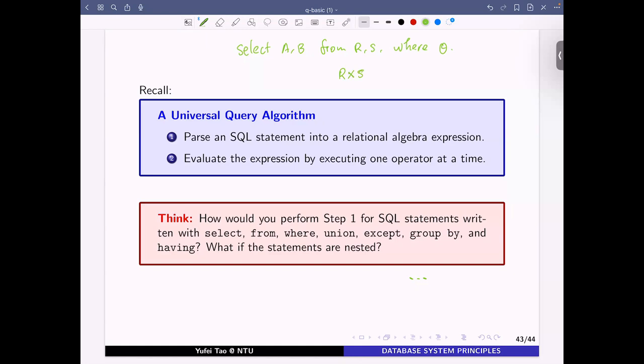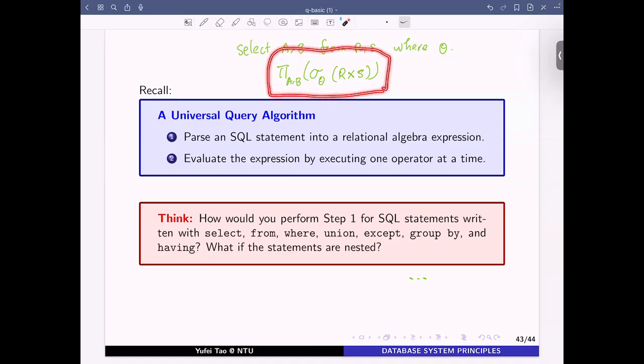So this is a Cartesian product, and then you will be doing a selection over the Cartesian product. There's a theta here, and then finally you will be doing a projection over the result.